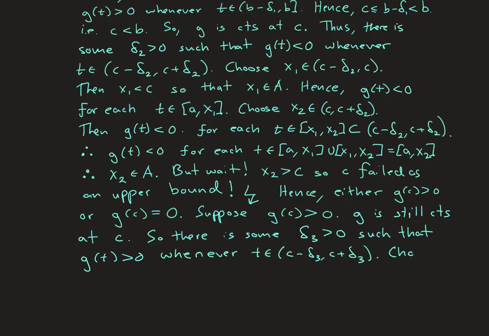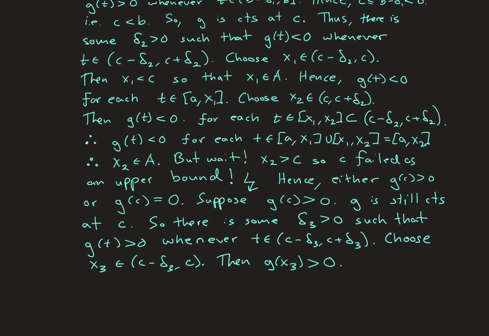And what I'm going to do is literally just grab any number on the left side of that delta bubble. I know g is positive in that entire interval, so I know g of x sub 3 is positive. But wait a second, we also know that x sub 3 is less than c. But if I have any number less than c, I know that number is a member of A. But what does it mean to be a member of A?